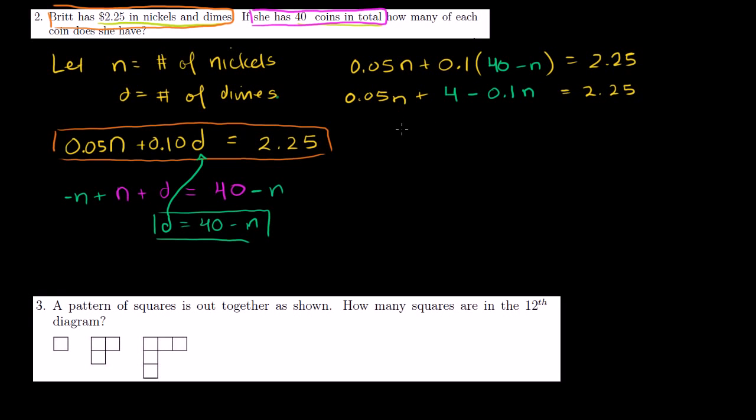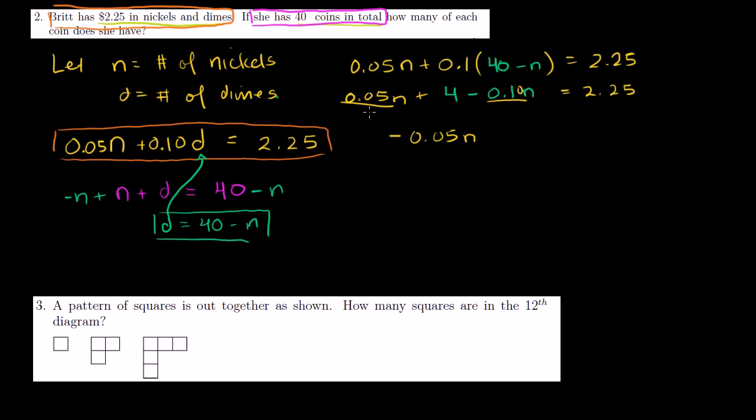And then what can we do? Well, we can take 0.05 minus 0.10, and you're actually going to get a negative 0.05n.